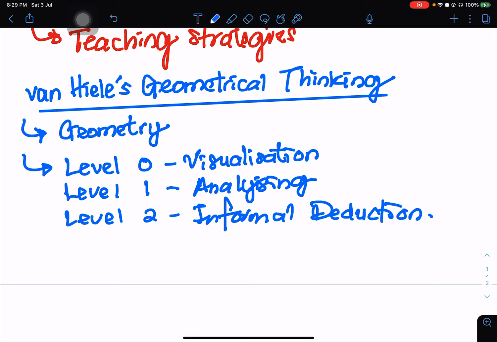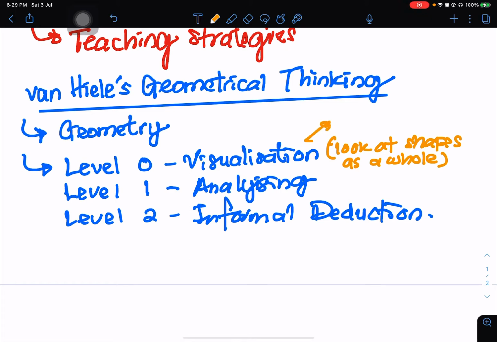Okay, so you should know at each level what is happening in the minds, or how the students process at each level. At level 0, visualization is when students look at shapes as a whole.